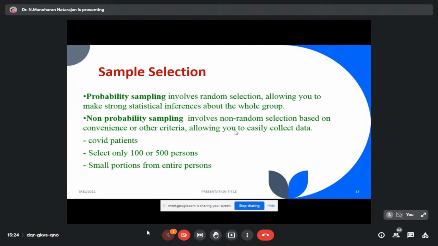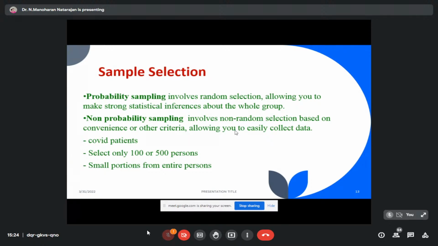That sample selection comes under two categories of sampling: probability and non-probability. Probability sampling involves random selection, allowing you to make strong statistical inferences about the whole group. So the entire group is considered, and we take a small sample from the entire group, having strong statistical inference.